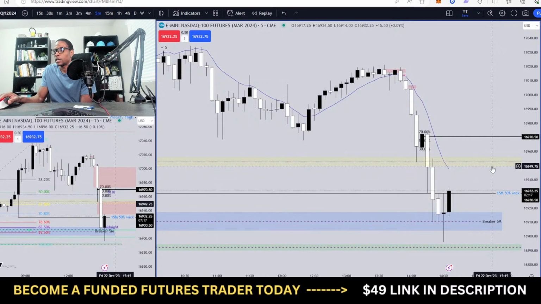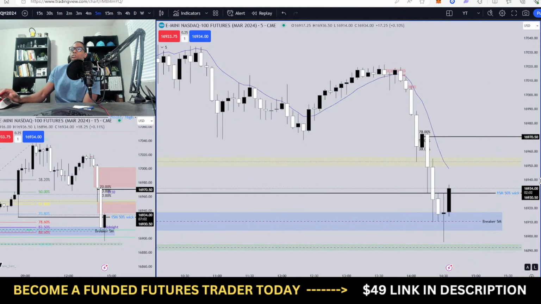Maybe at the new day opening gap is where it'll trade to, and then we'll see if it pushes through or rejects. Another 20 points or so. So anyone who took a rejection off the breaker is already up close to 20 points with another 15 or so to go before the new day opening gap.